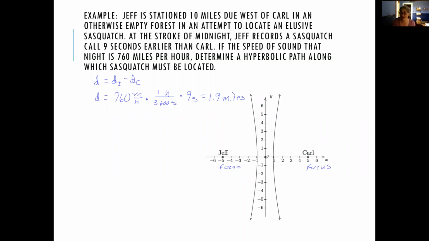That's convenient because it puts my center, my h, k, at the point 0, 0. Because Carl and Jeff are at the focus points, we know that c is 5 because each of them is 5 miles from the center.